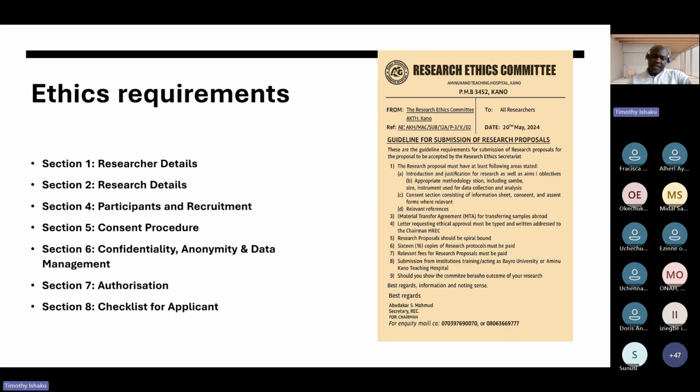Any deviation from the ethics can affect your results and findings. Now, it's unlikely, but it is possible for your results or findings to be withdrawn.